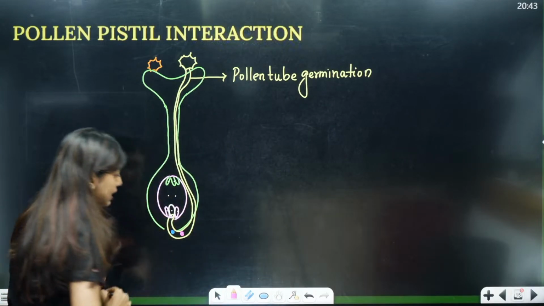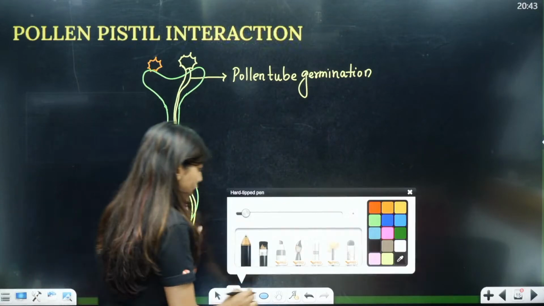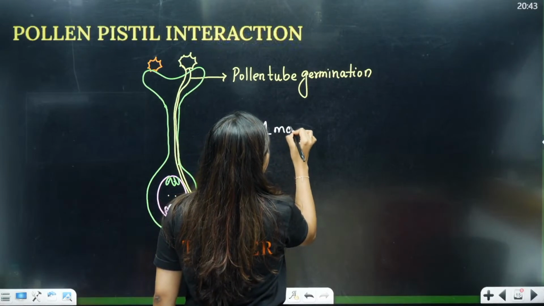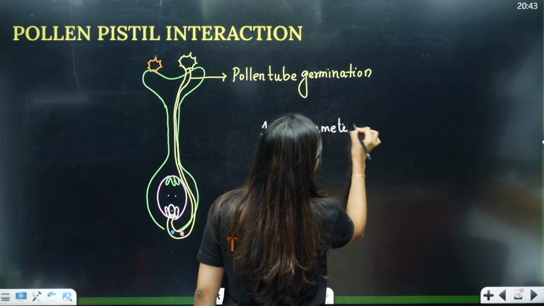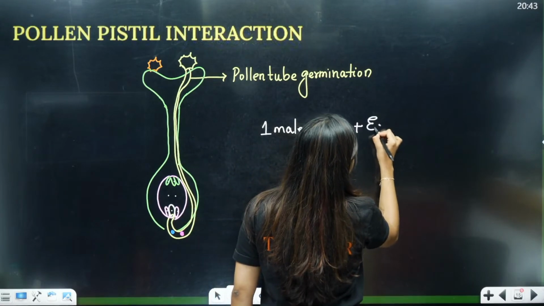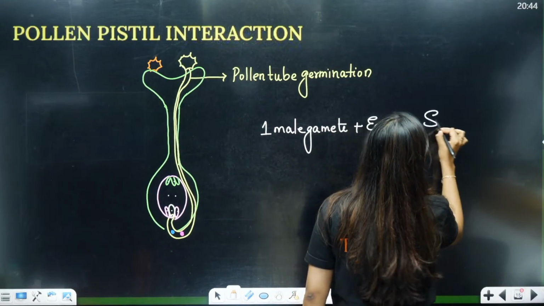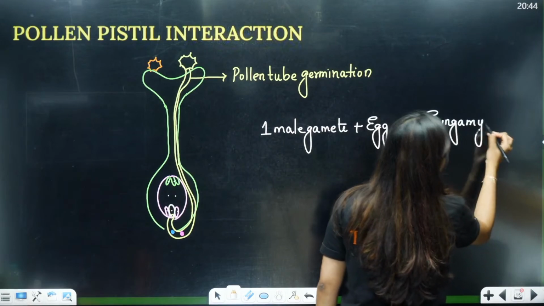Now, one male gamete is going to definitely fuse with the main queen, that is the egg, no? This process is called syngamy. This is called what, students? Syngamy. Are you all understanding?